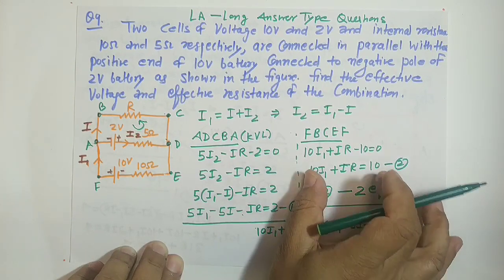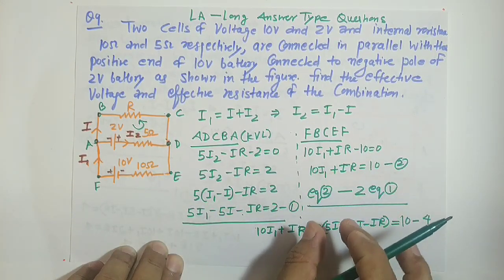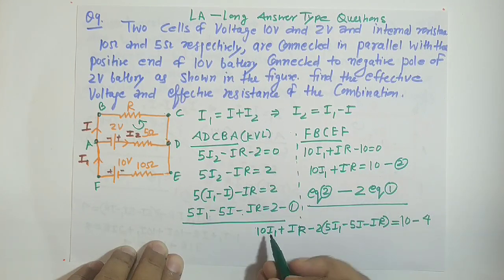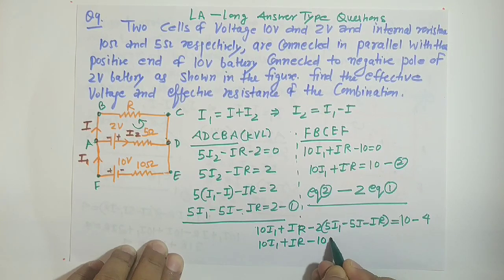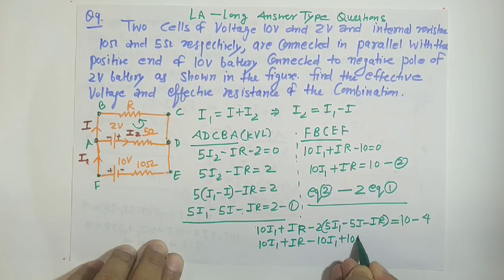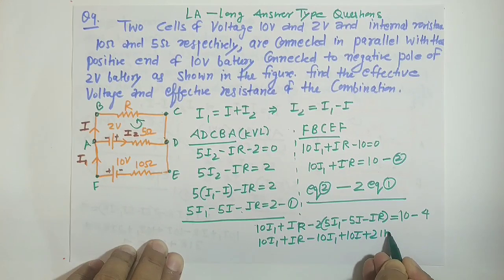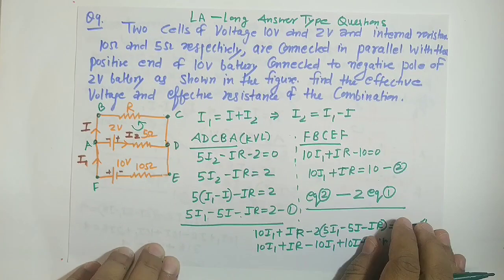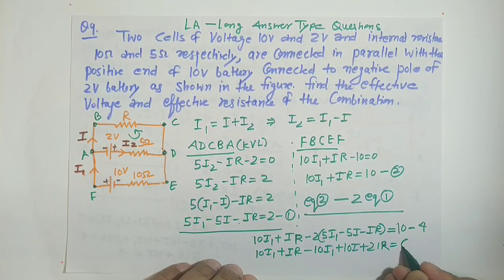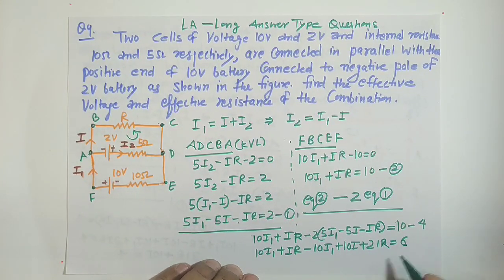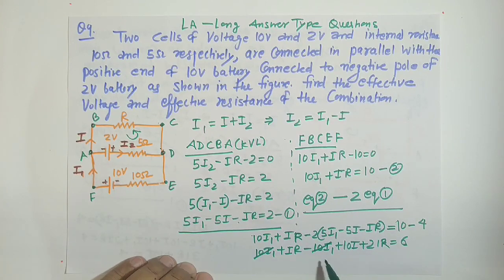Are you getting it? This minus this. Then you solve it. So 10 I1 plus IR minus 10 I1 plus 10 I plus 2 IR equal to 6. Okay, got it? And then this 10 I1 cancels out.